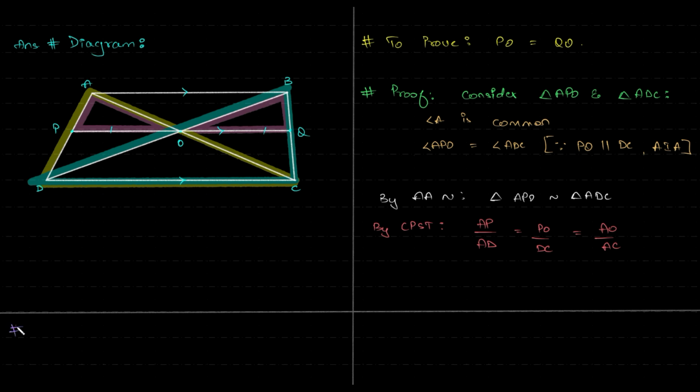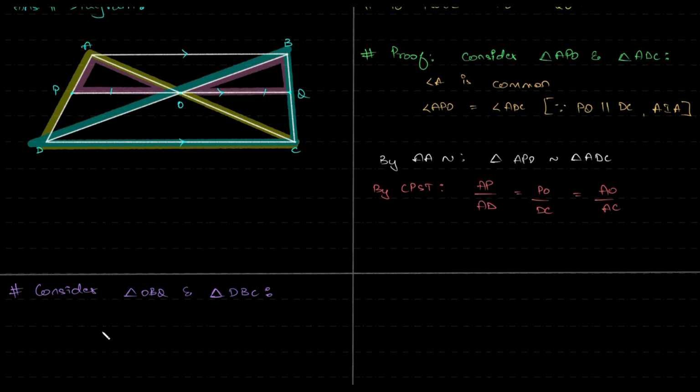Next, we'll consider triangle OBQ and triangle DBC. So we have angle B common. We have angle BOQ equal to angle BDC, same reason: PQ is parallel to DC.